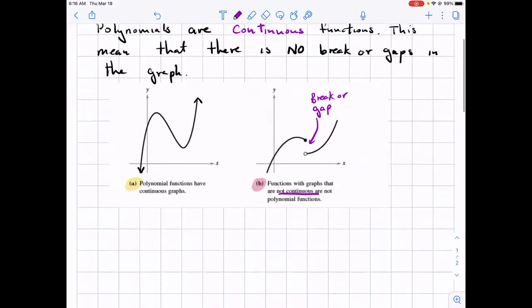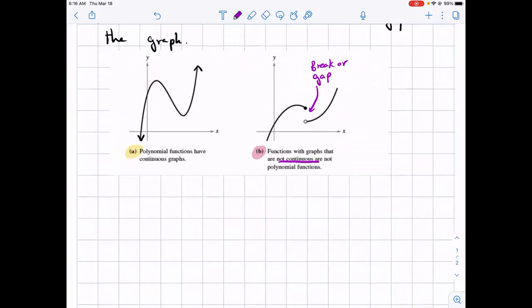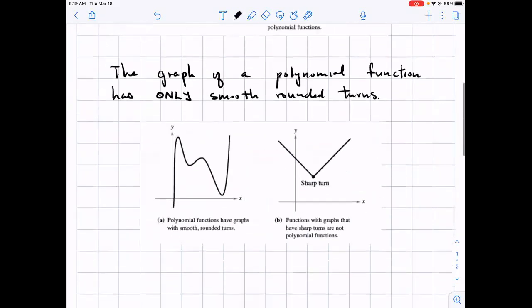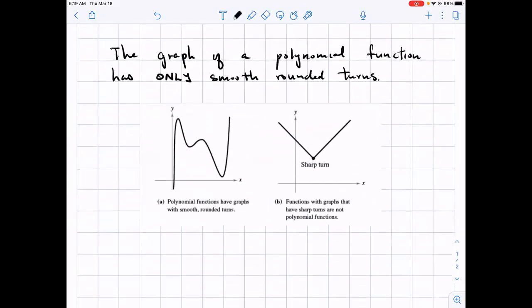Another feature you will see is that polynomial functions are very smooth, meaning that they have rounded turns. So let me show you a picture of that. If we look at these two graphs, you will notice that in the first graph, which we call A, the turns here are very smooth.